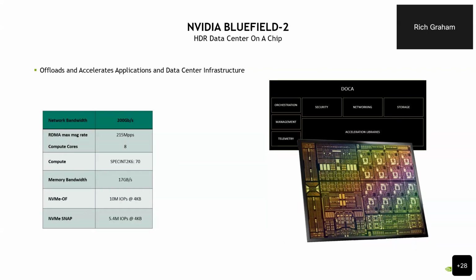I'm not really going to get into a lot of discussion on DOCA in this particular talk. It also has abilities to support orchestration, managing the card, telemetry, and the like. Those are services provided for users trying to use this device, to ease the use of the device.